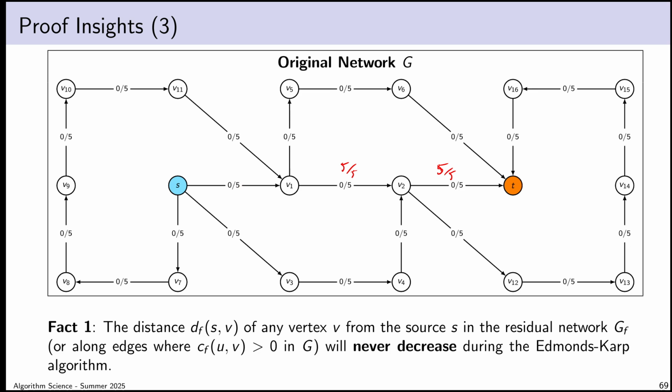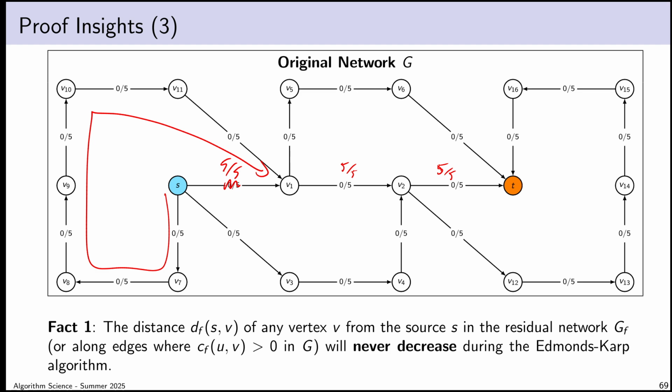Before I did the augmentation, the distance from S to V1 was 1. I could get from S to V1 directly via one edge. After the augmentation, there is no residual capacity along the edge SV1, but I can still get from S to V1 in the residual network. So for example, this is not the only way of doing it, but I could go all the way like this. I could go from S to V7 to V8 to V9 to V10 to V11 to V1.